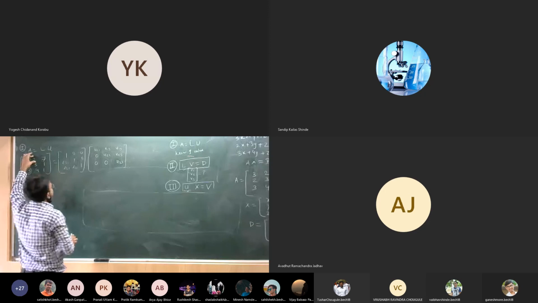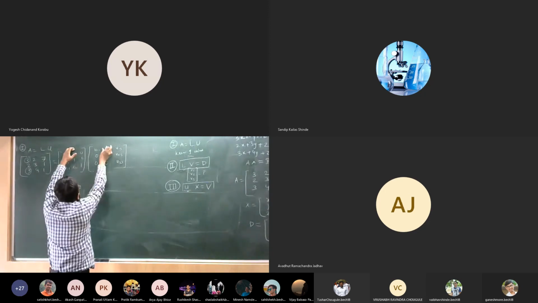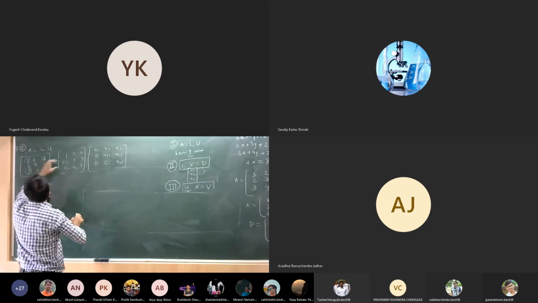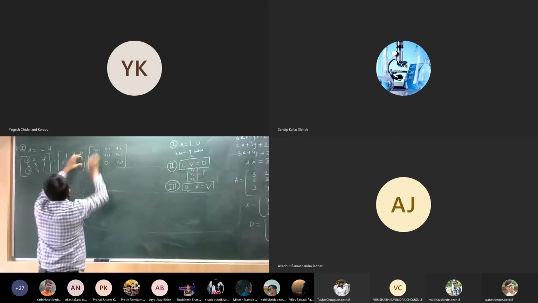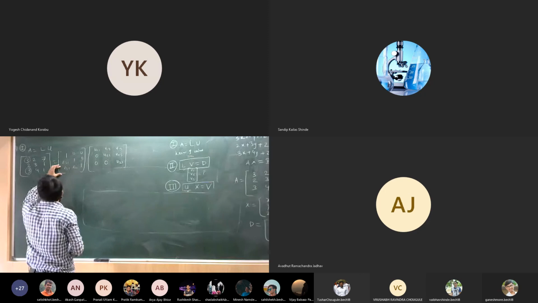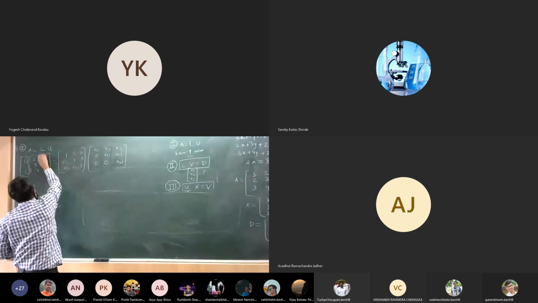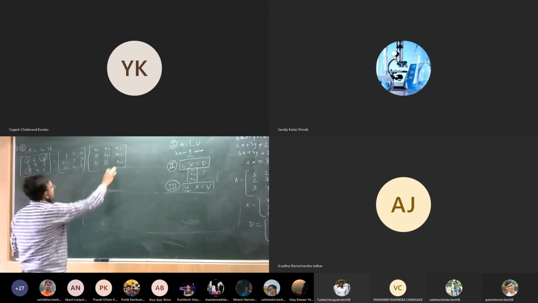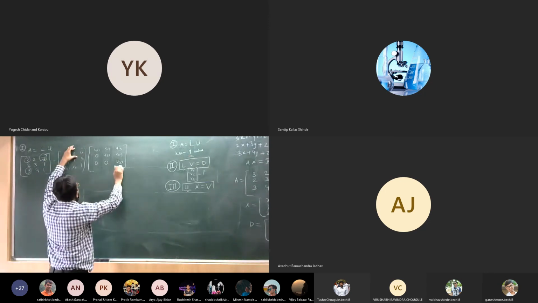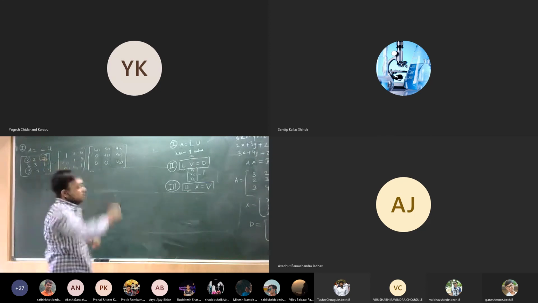Then 2 is this row into this column. The next 3 is from this row into this column. Then 2 is the first row and second column, then 3 is the second row into the second column, then the third row and this column gives 4. Now we need to calculate 7. To calculate the 7, we take the third column: first row, third column, second row, third column, this row, third column. So it will give 7, 1, 1.